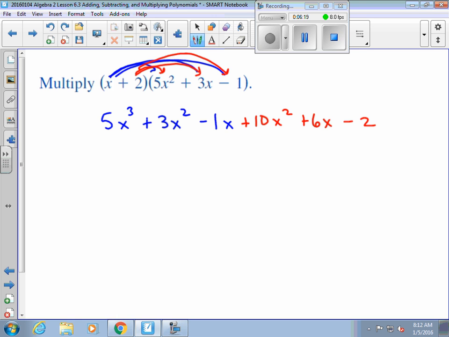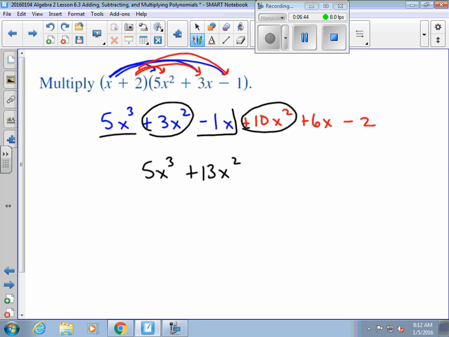Combine the like terms. The x to the third power is your biggest degree. There's only one x to the third power here, so we can leave that one as 5x to the third power. 3x squared and 10x squared are like terms, x squared. So we can combine 3 and 10 to get a positive 13x squared.